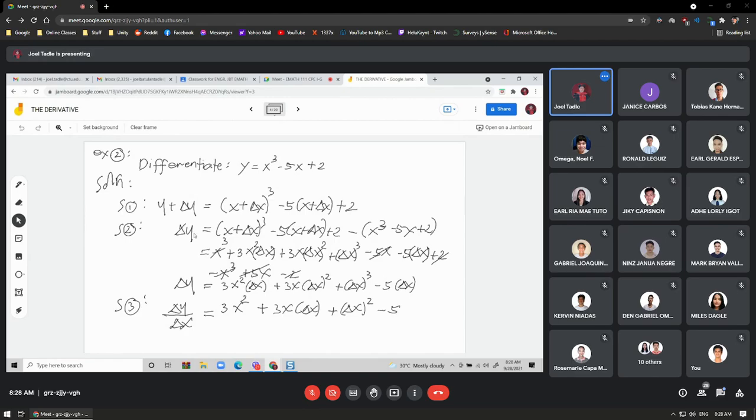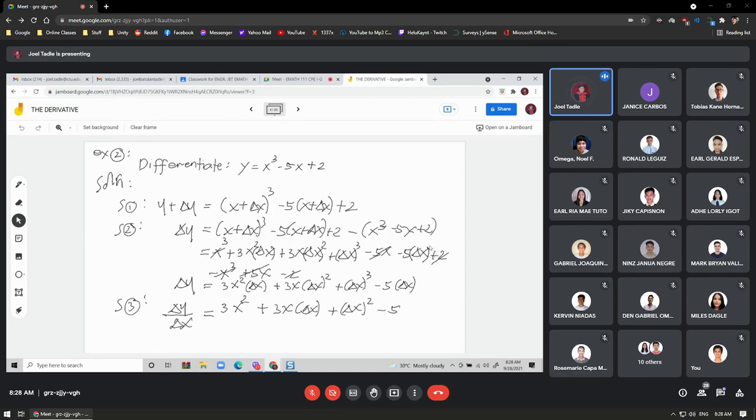Then this expression we just copy: quantity x plus delta x cubed minus 5 times quantity x plus delta x plus 2, then minus the given expression, x cubed minus 5x plus 2.